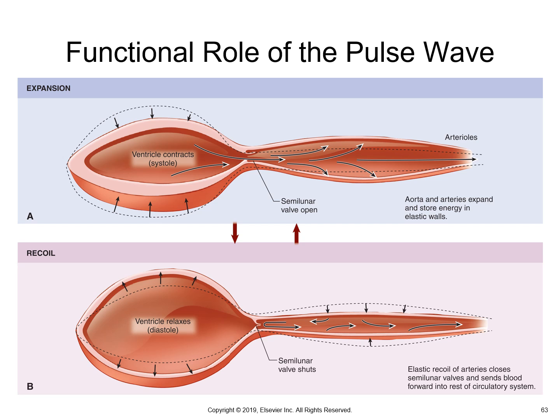So again, in systole, or the expansion phase, what's happening is the ventricles contracting, forcing that blood out through that semilunar valve. Another word for semilunar valve is aortic valve, and that rapid ejection of that blood is causing the aorta and the arteries to expand, temporarily storing what we call kinetic energy in those elastic walls of the arteries. That expansion is definitely essential for maintaining that continuous blood flow, even during the relaxation phase of the heart.